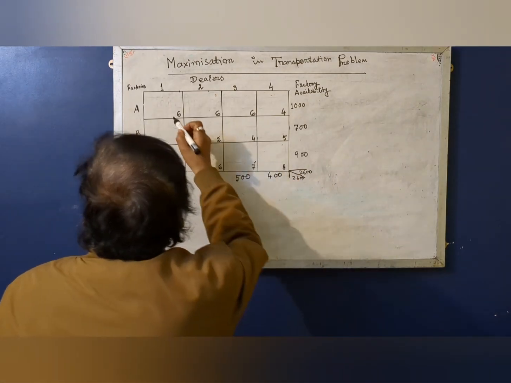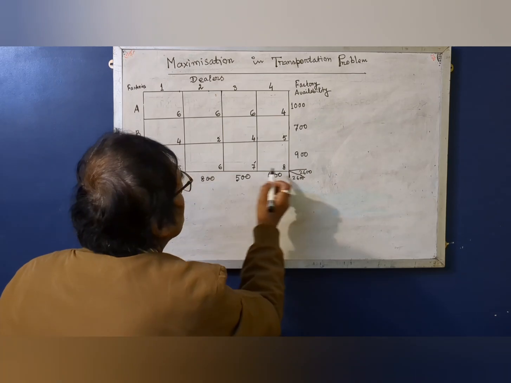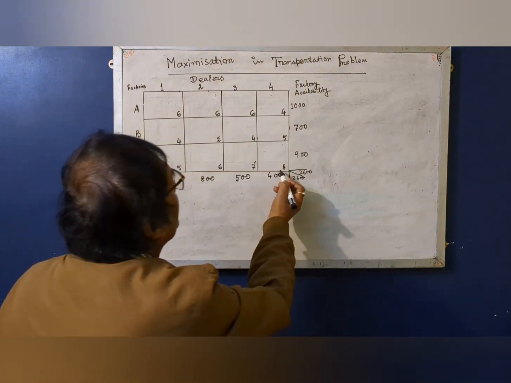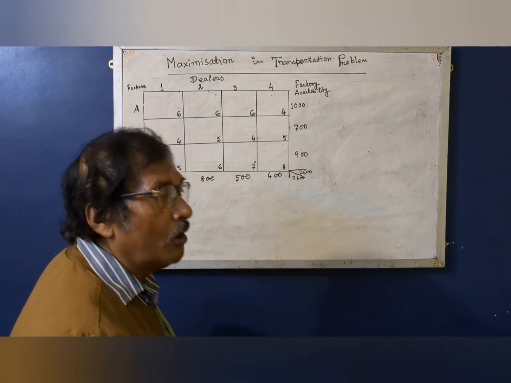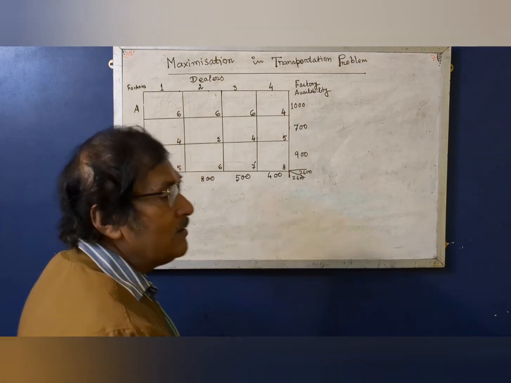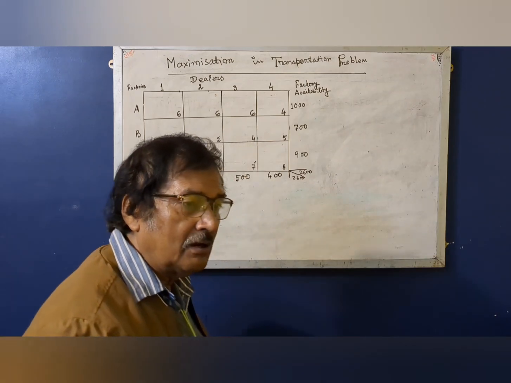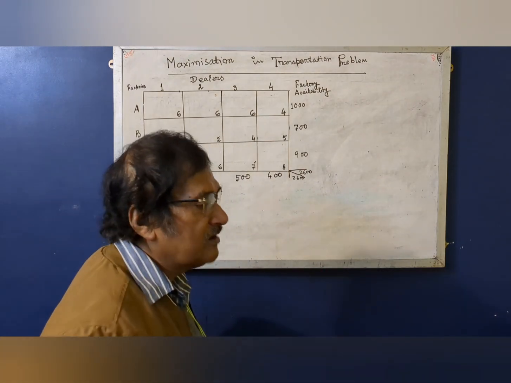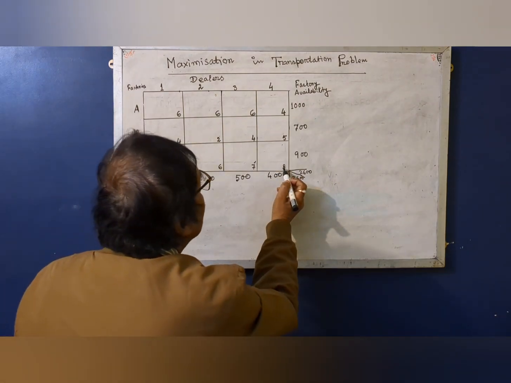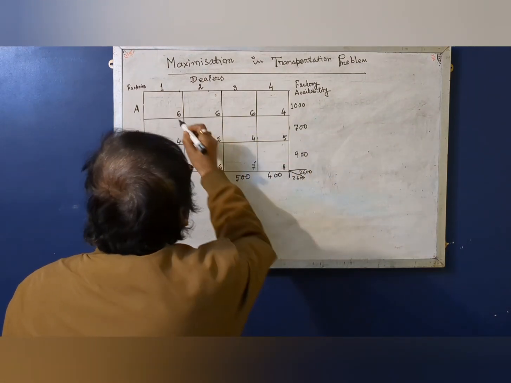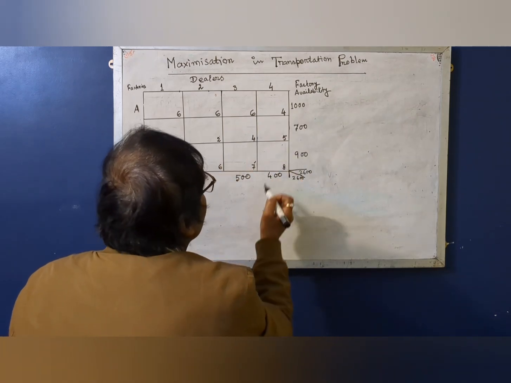And you subtract all the elements of the matrix from that maximum element. Then, instead of profit, it will be converted to loss, and it is called opportunity loss, you can say. Now, minimization of loss is equivalent to maximization of profit. That's why your first task is to find the maximum element out of the given profit elements, and then subtract all the elements from that maximum element.